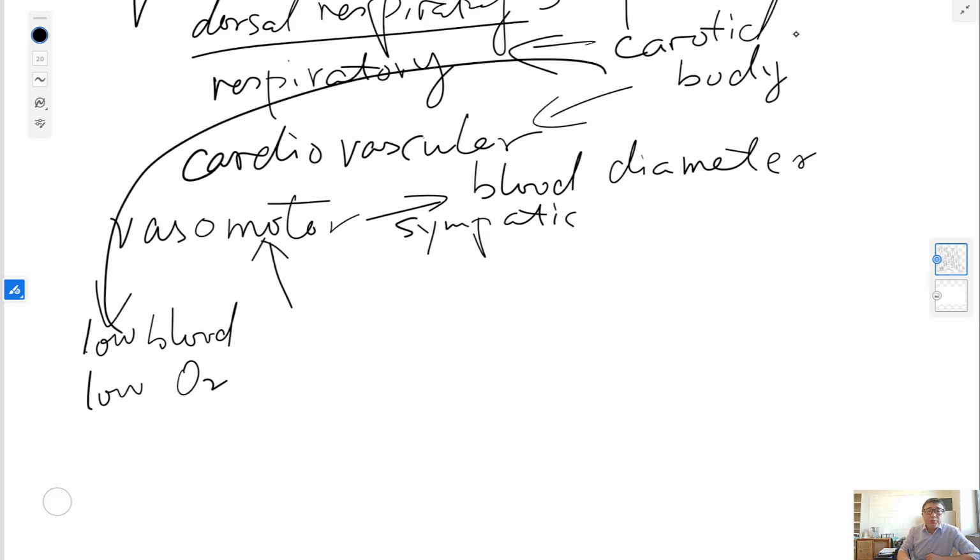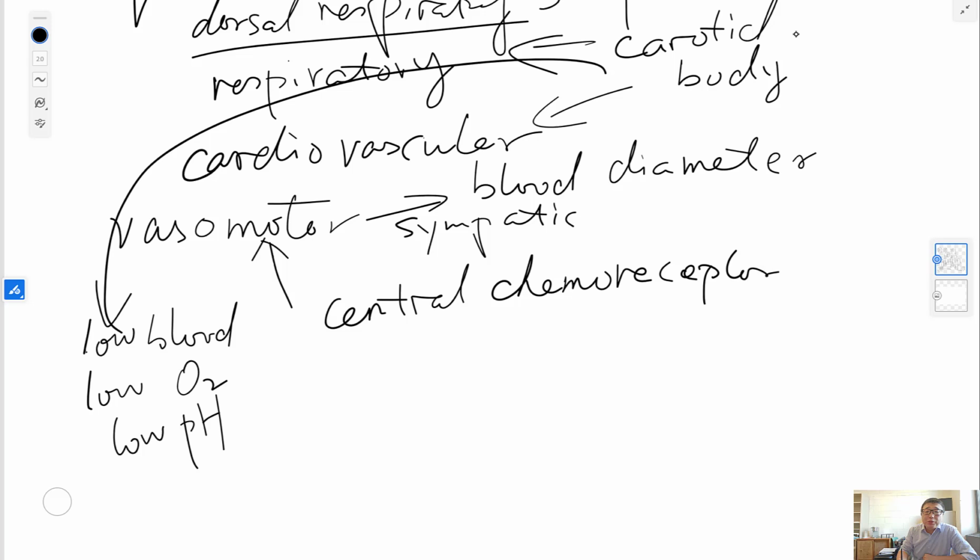However, in these cases, there's something special. The thing that senses low oxygen and low pH is called a chemoreceptor. The chemoreceptor in the carotid body, called the peripheral chemoreceptor, is outside the central nervous system. And in the central nervous system, in the medulla, there's also a central chemoreceptor.